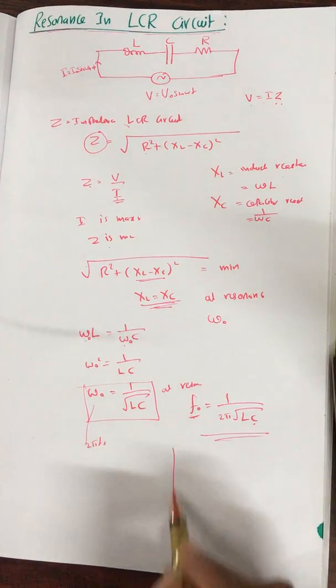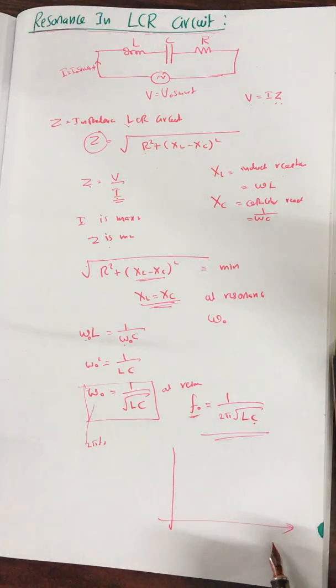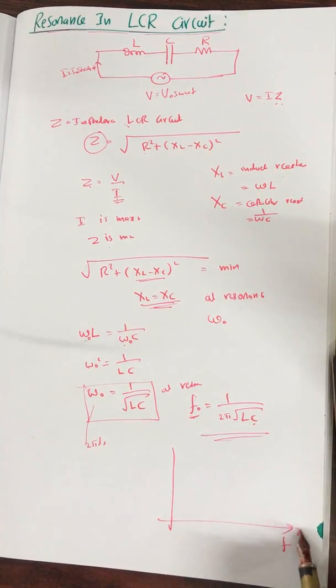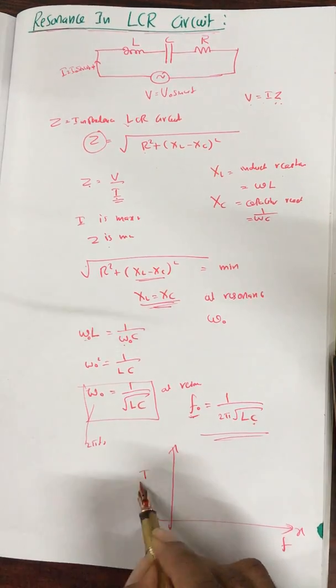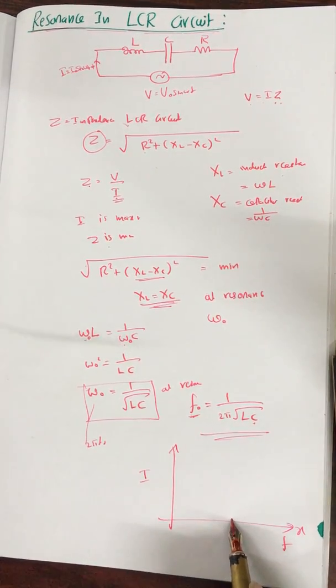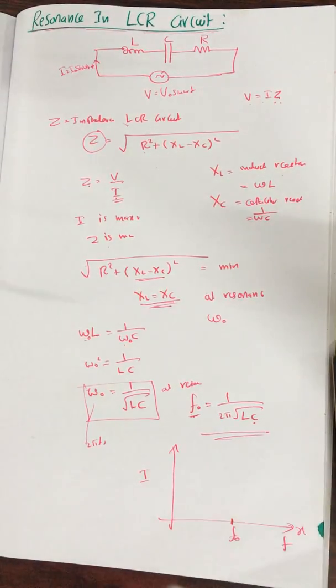If I draw the curve, you can increase or decrease the frequency. So this is frequency along the x-axis, and I'm going to find out how current changes with the frequency. Obviously, for a certain frequency that we call f naught, the resonant frequency, the current becomes maximum.